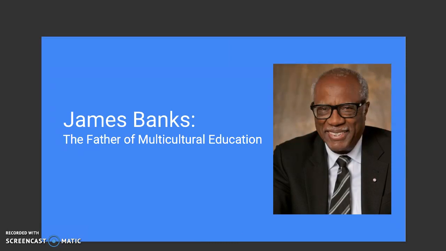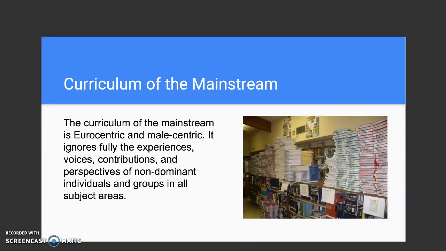So James Banks, you may or may not have heard of him in your teacher education programs. He's considered to be the father of multicultural education. And the simulation that we did last week stemmed from his conceptions of the evolution of curriculum in America.